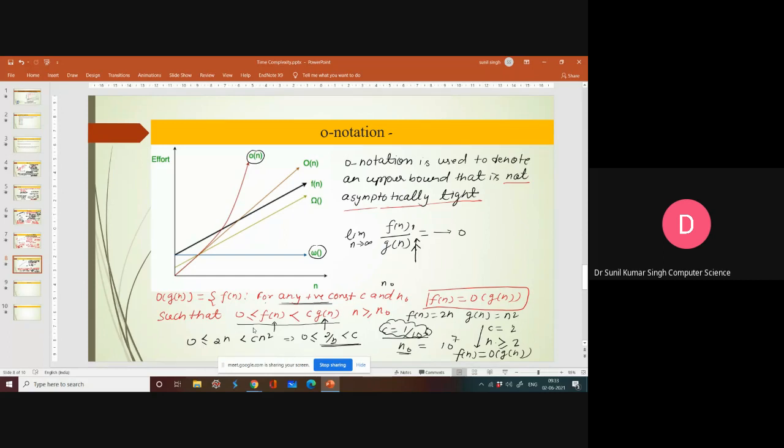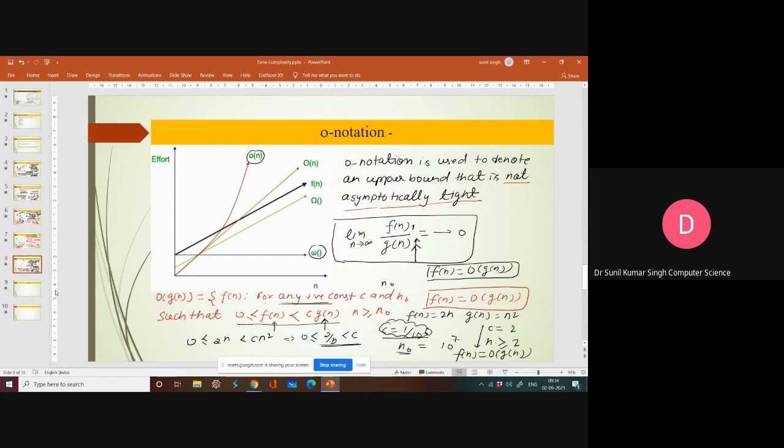So if the functions f(n) and g(n) satisfy this condition, f(n) divided by g(n) for very large n tends to 0, then also we can write f(n) is equal to small o of g(n).